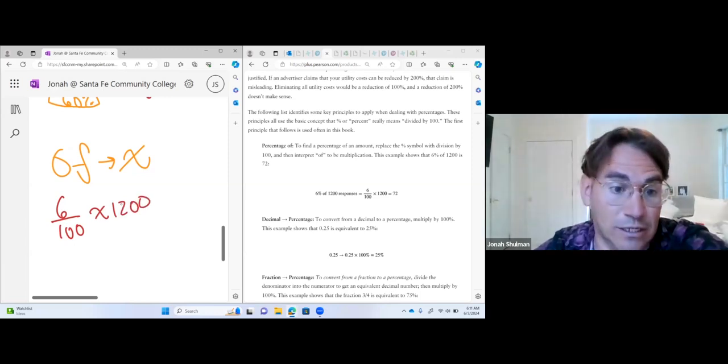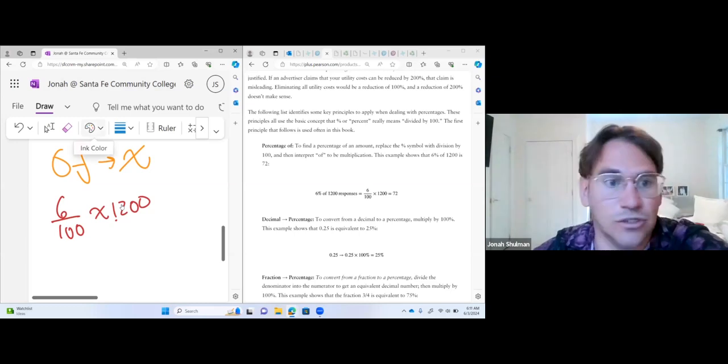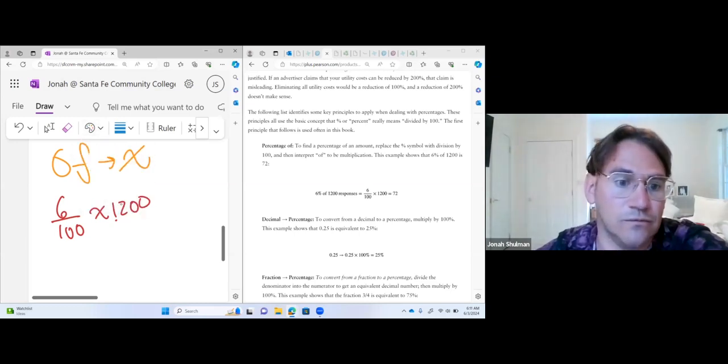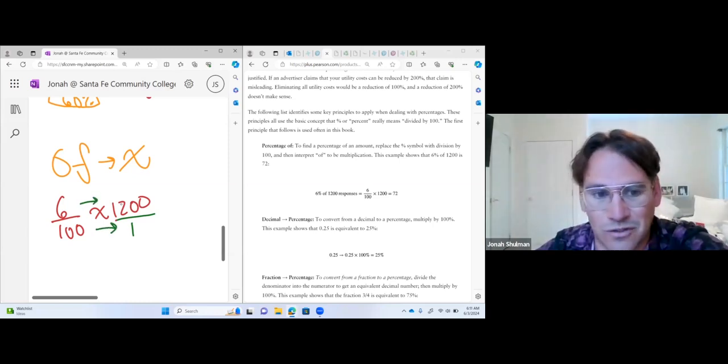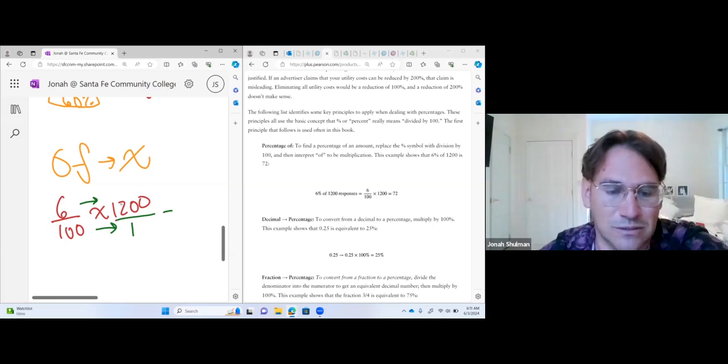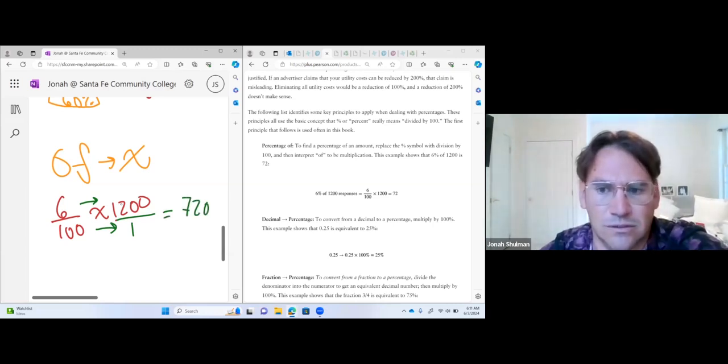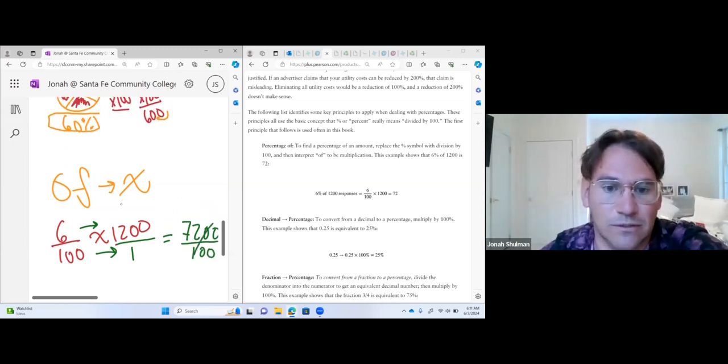Now we can cheat. This is a fraction. I know it doesn't show it here, so I'll do a trick for you. Make this a fraction by dividing it by 1. We go top times top, bottom times bottom. But if they've got zeros, we can cross them out. So this is 6 times 1200, and we're dividing this by 100. The zeros cancel, and you're left with the 72.